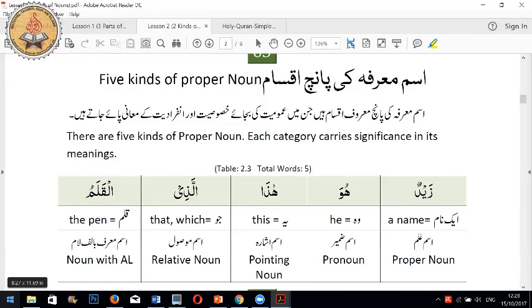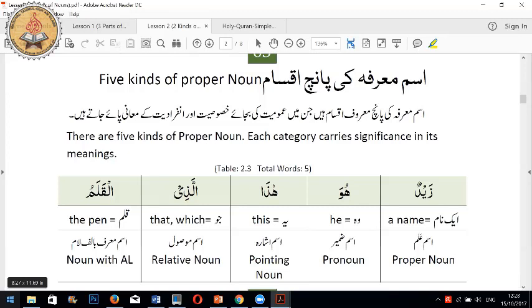Now, below the line in this column, I have classified it in the English term pronoun. Remember in the previous lesson, lesson 1, in the beginning I said that ism cannot be translated as an English noun, because under this umbrella of ism in Arabic there are several English parts of speech included.